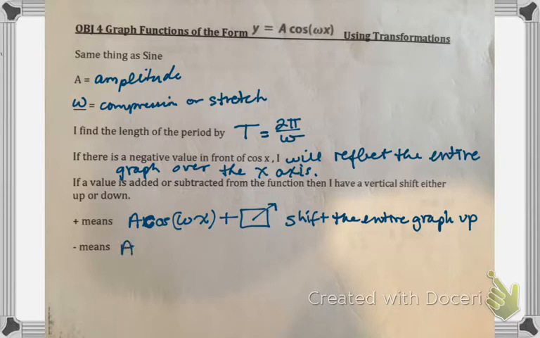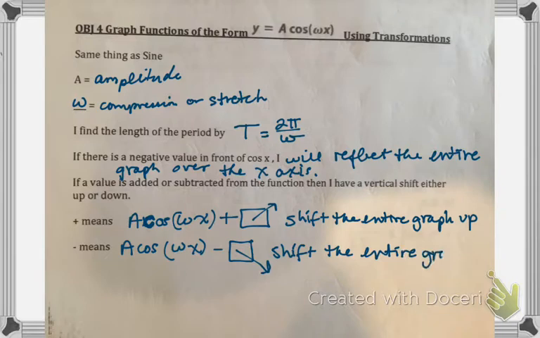And then if I have something like this, I'm writing up generically, and I have a minus sign with some value, the minus sign means I'm going to shift the entire graph down. Okay, so that's what those two mean. We have not seen those yet, but now we do.